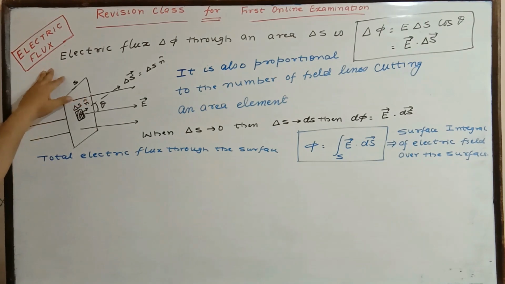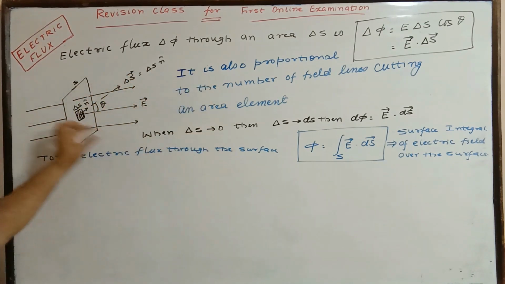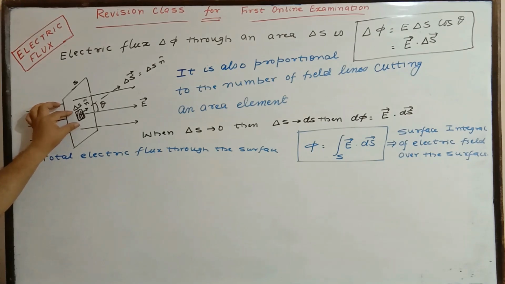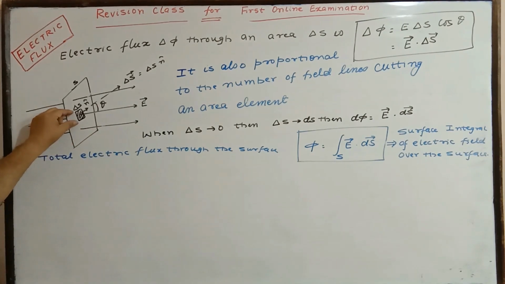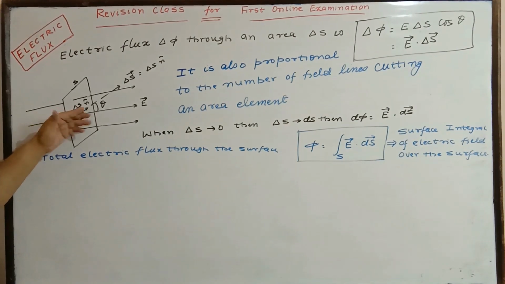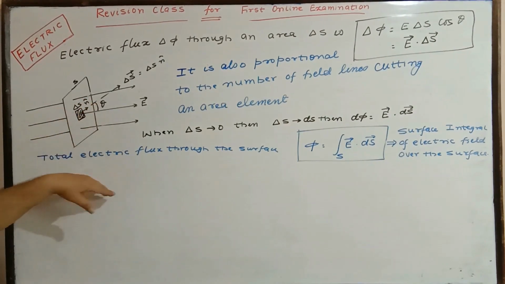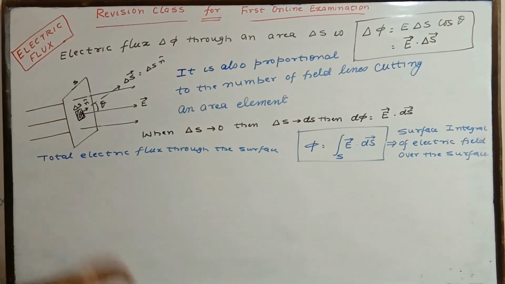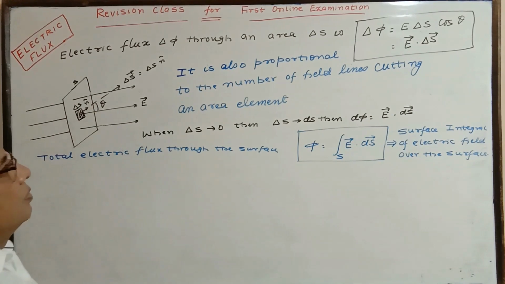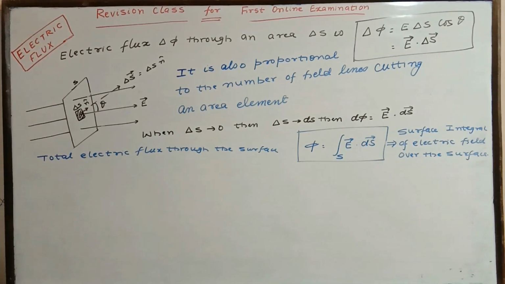Electric flux delta phi through an area delta S is directly proportional to the electric field strength, the area through which the field lines are passing, and the cosine of the inclination of the area vector with electric field, or the area vector with a normal to the field. That is theta. You better know what is theta from the previous section, what we have learned till now.